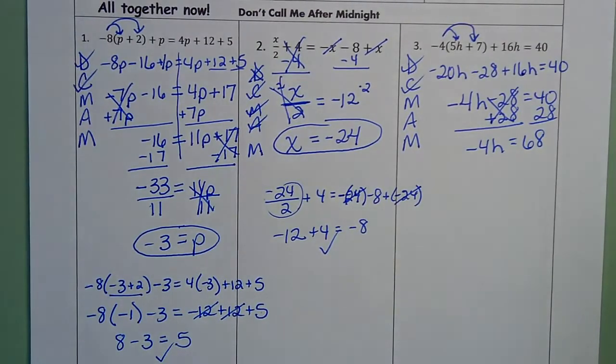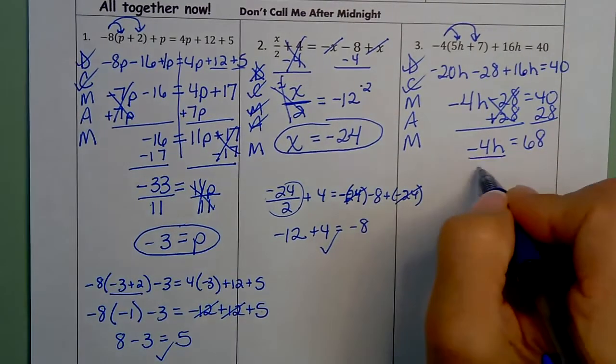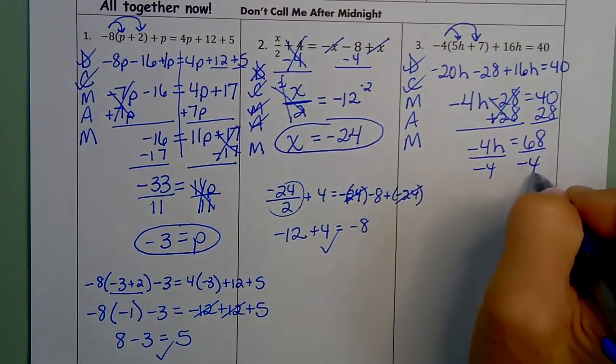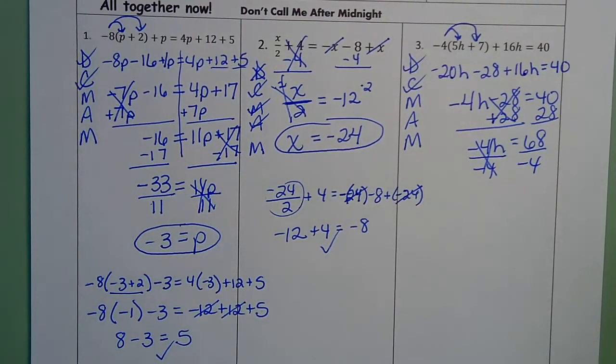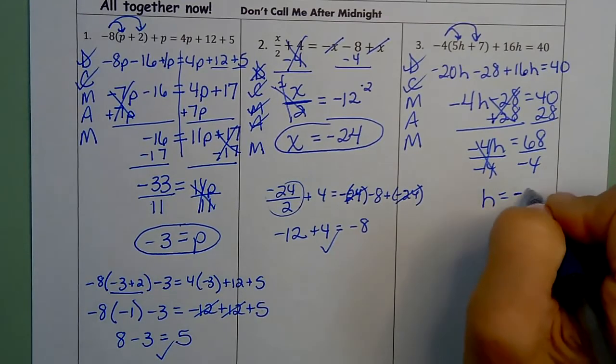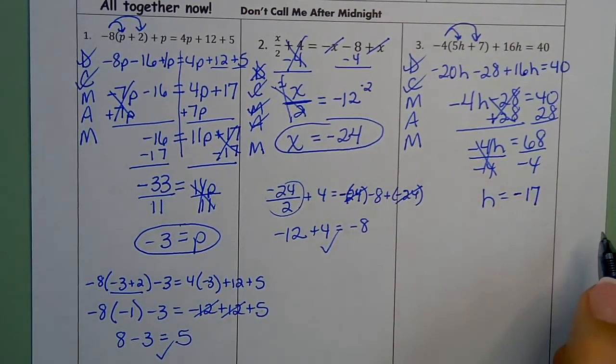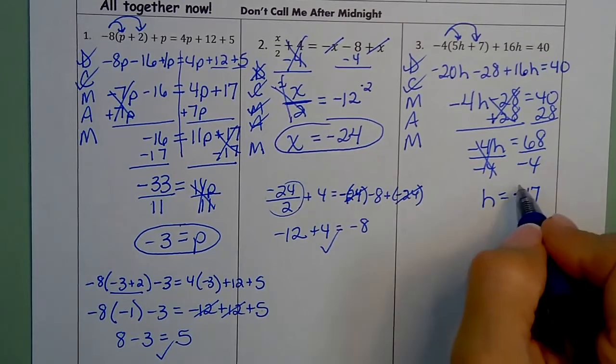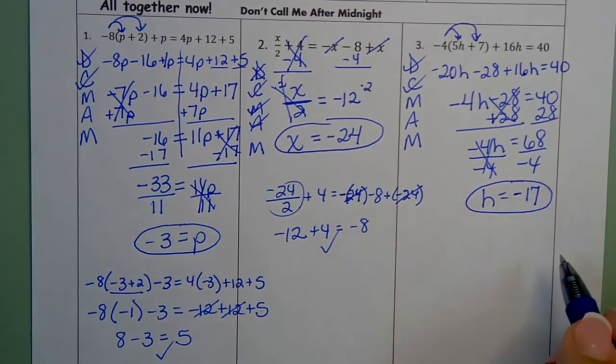Okay, so my last step is to divide both sides by -4. So when I do that, I end up with h equals -17. All right, time to check.